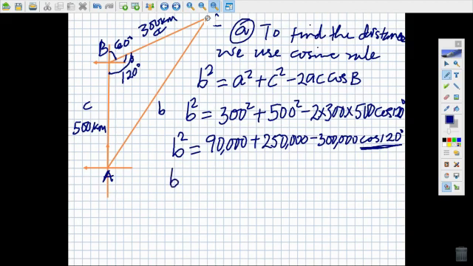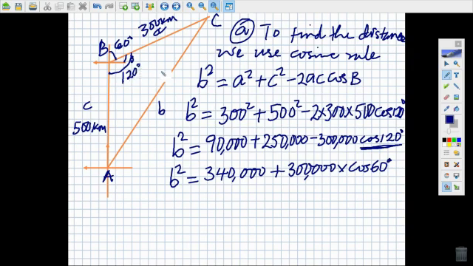So b square is equal to 90,000 plus 250,000, which gives us 340,000, minus plus 300,000 times cos 60 degrees.